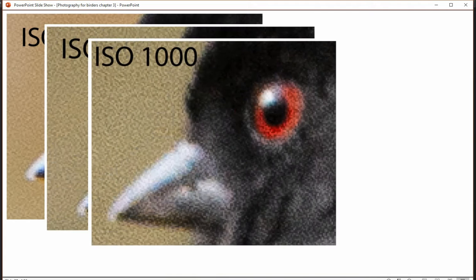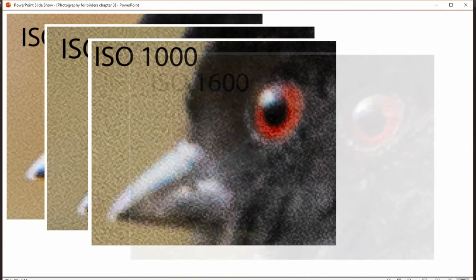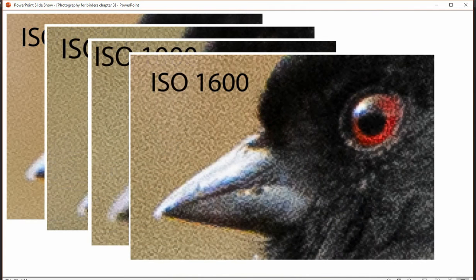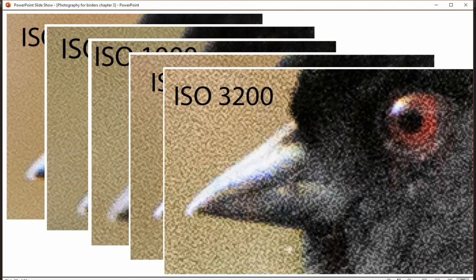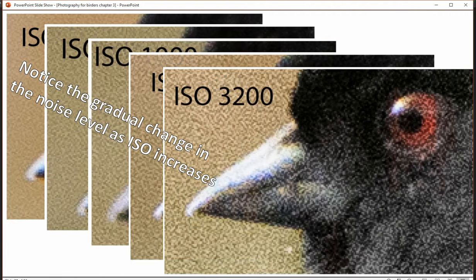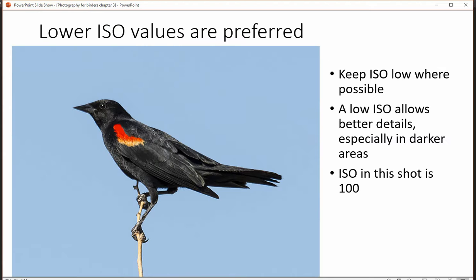Now this was done on a bridge 1-inch sensor camera. So because it's a smaller sensor, there's a little more noise. On a full frame or even an APS-C, this wouldn't be quite this bad. But notice how the gradual changes in noise happens as ISO increases. I like to shoot lower ISO values, and again, keep this in mind.